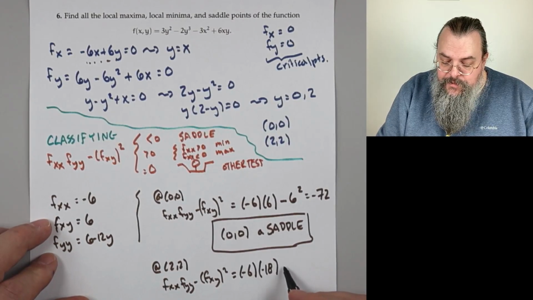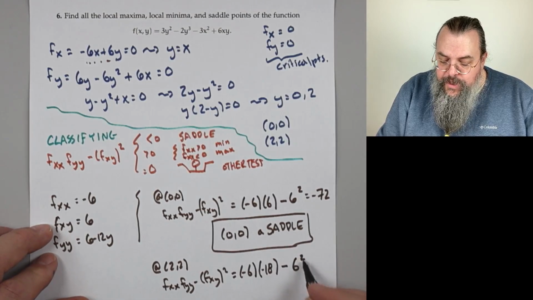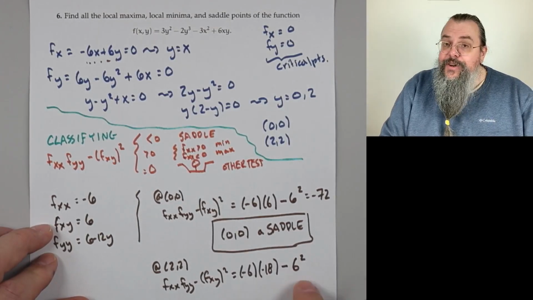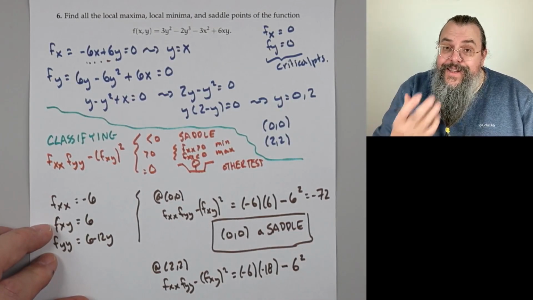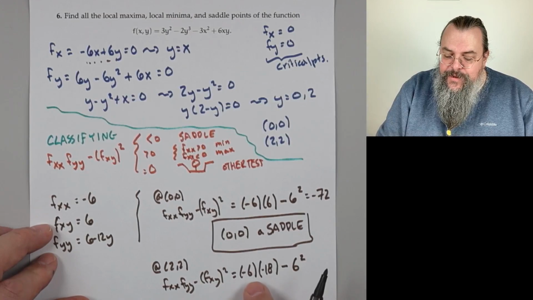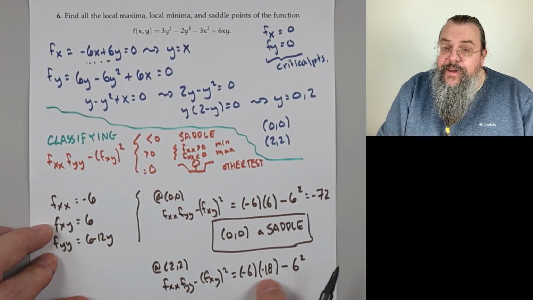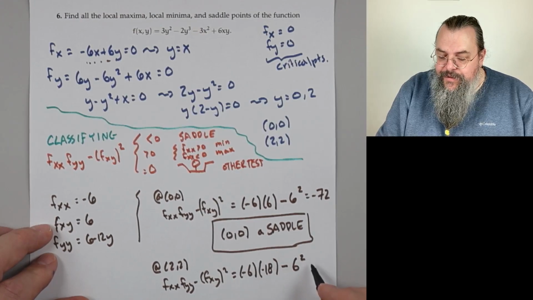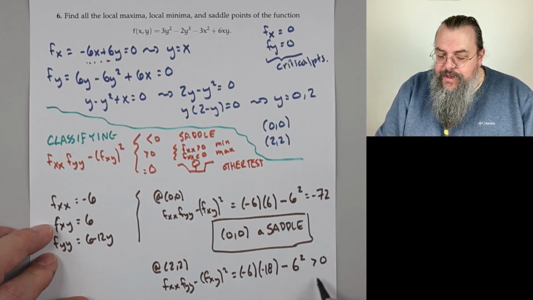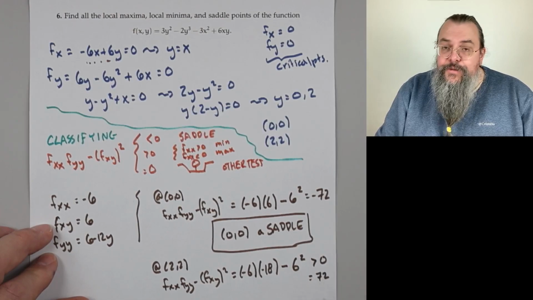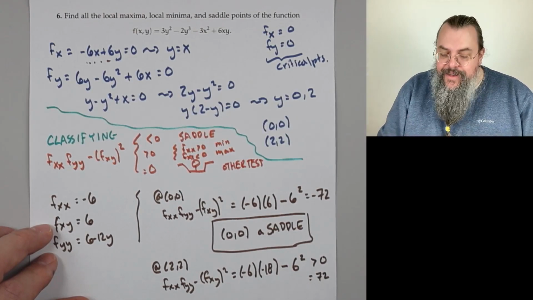Then we subtract from that our 6 squared. Now the thing is, we don't actually need to know the value here, we just need to know the sign. This is a positive number, and it's pretty big. It's 108 subtract 36, which is positive. In case you're wondering, it's 72, but we don't actually need to know that.